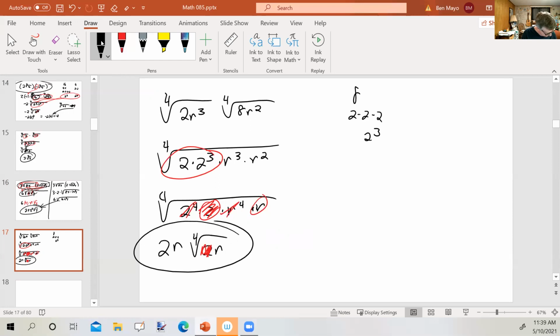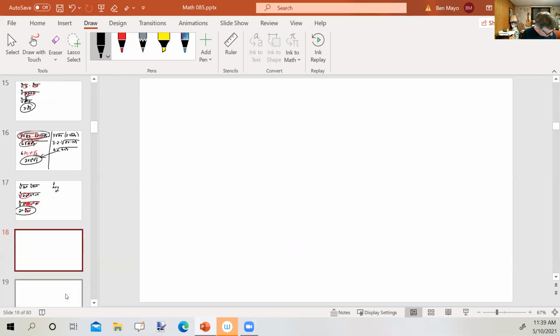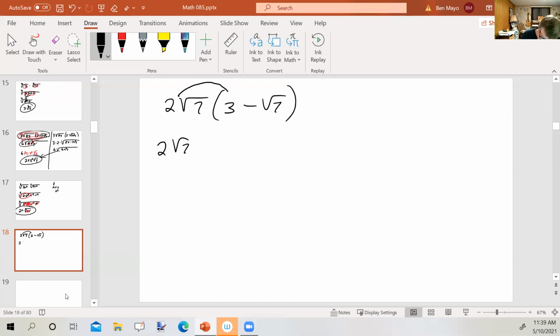All right. It says multiply and simplify. We've got 2 square roots of 7 times the quantity 3 minus the square root of 7. So we're going to distribute 2 square roots of 7 times 3 minus 2 square roots of 7 times the square root of 7.